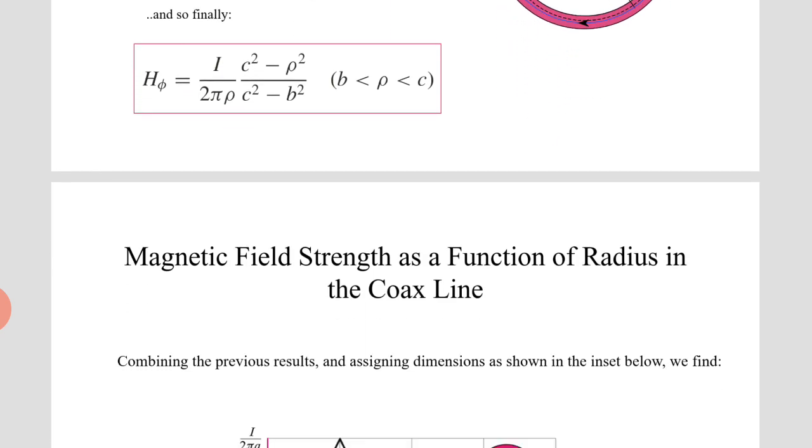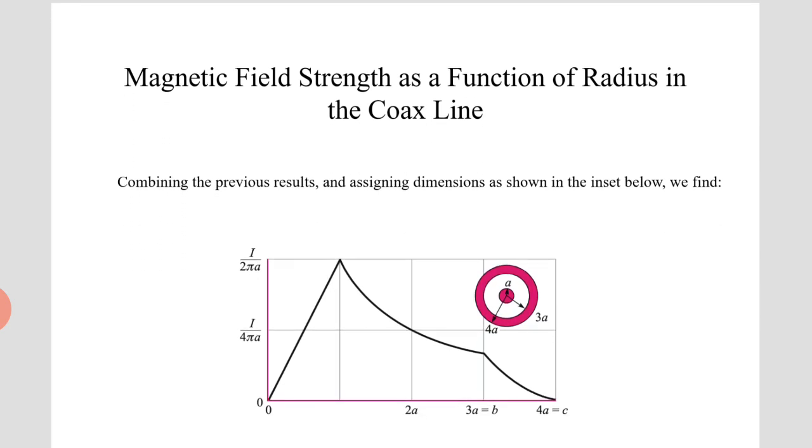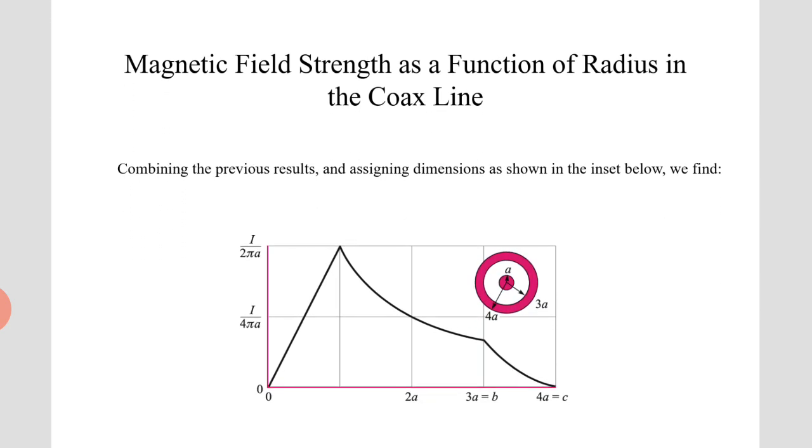Now next, what is the strength of this magnetic field as a function of radius in a coaxial line? Observe the graph in the figure. At radius a, you have a maximum of I by 2 pi a.